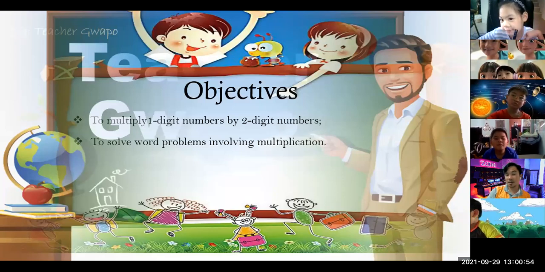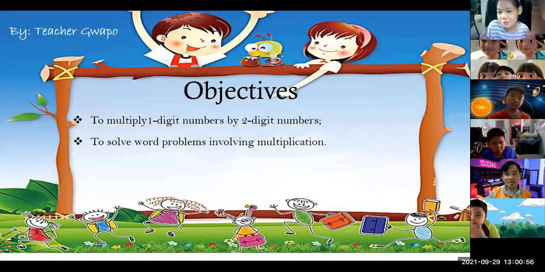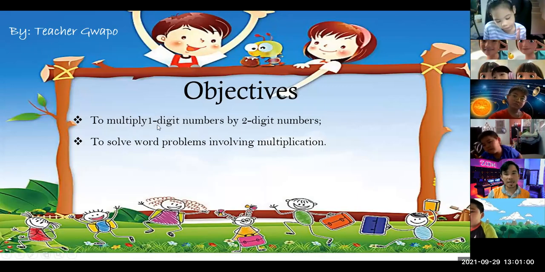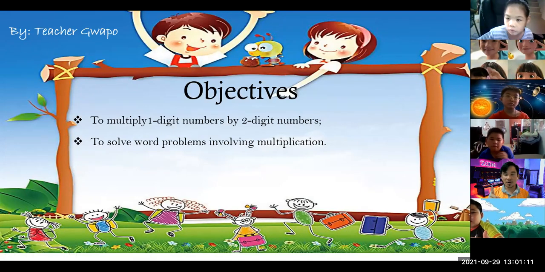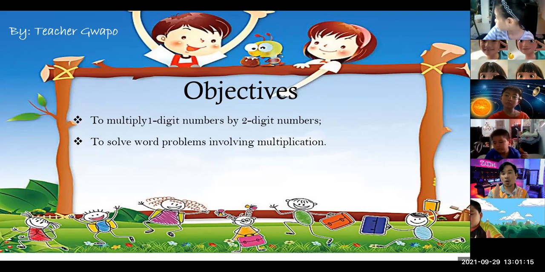These are the objectives that we will have this afternoon. At the end of this class, you must know how to multiply one-digit numbers by two-digit numbers, and you must know how to solve word problems involving multiplication.